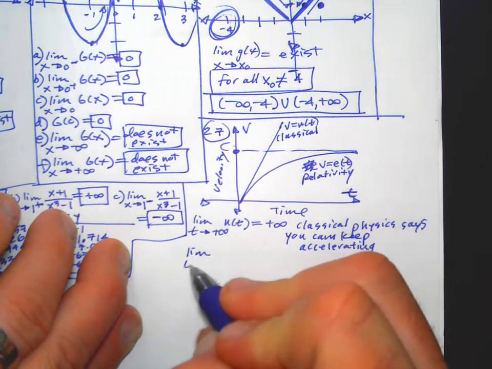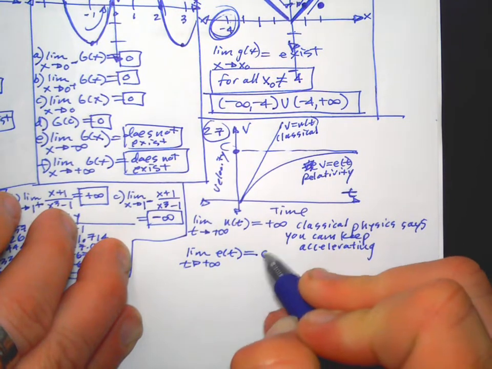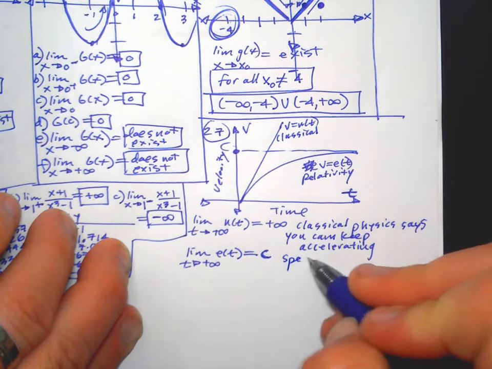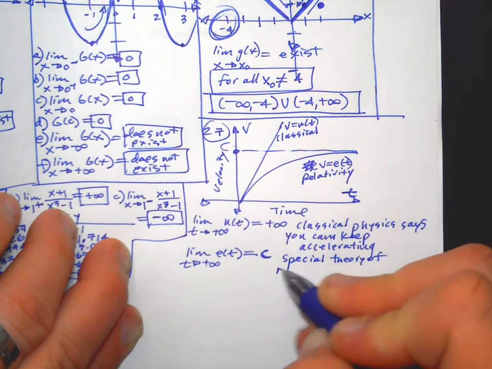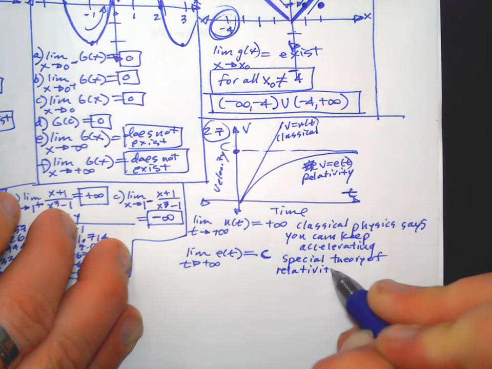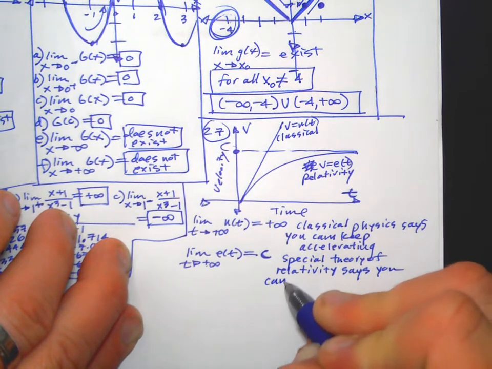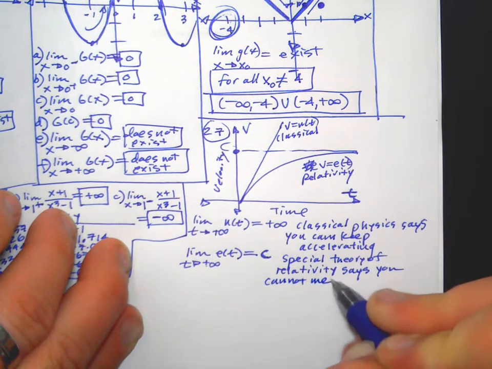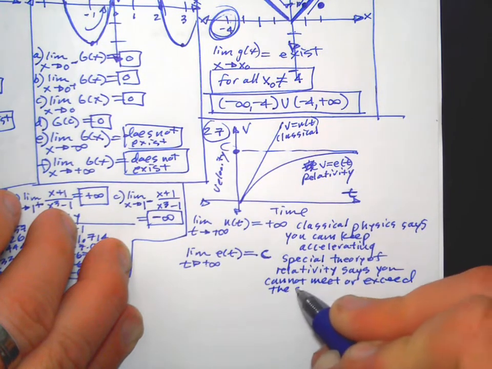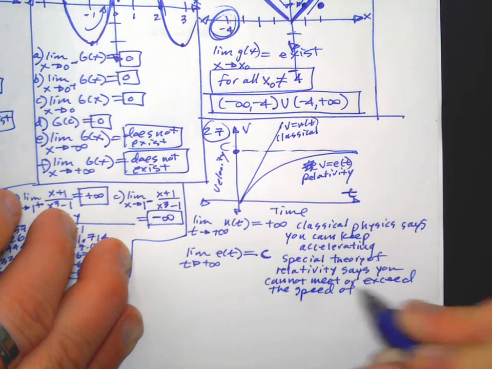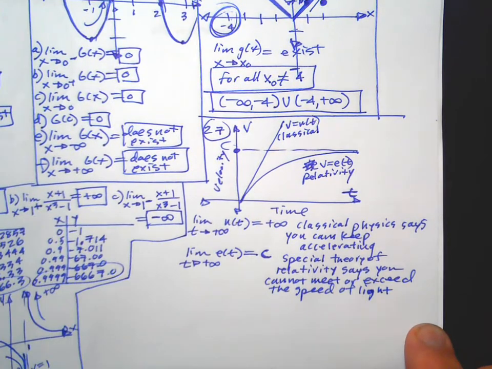And then the limit as t goes to positive infinity for et says it approaches this horizontal asymptote c, which is the speed of light. So special theory of relativity says you cannot meet or exceed the speed of light.